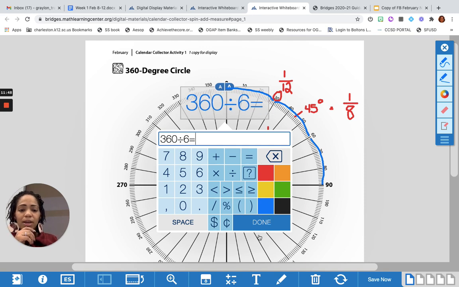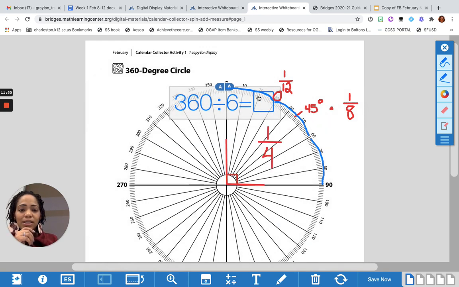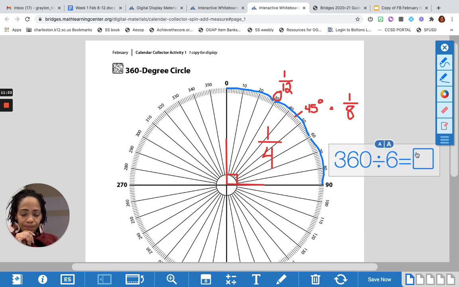So 360 divided by 6. What do I know is going to be more than? It's going to be more than 10 for sure, because 6 times 10 is 60. We know it's going to be more than 45, because 45 is 1/8, and we're talking about 1/6, which is a bigger sliver. So if we know our properties of 10, what times 6 would give us 36?